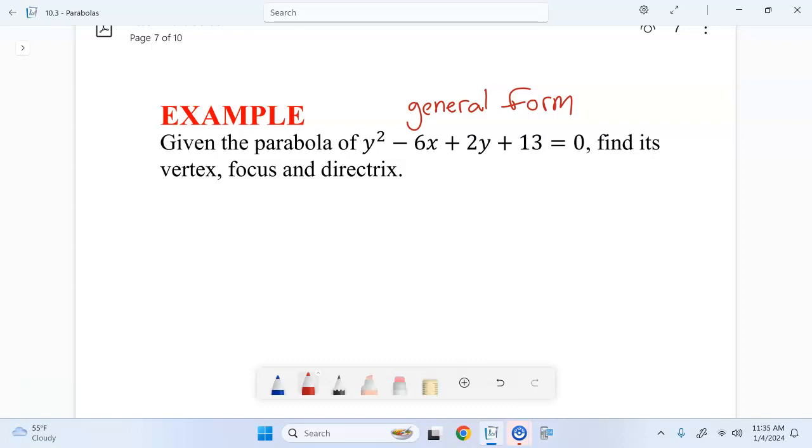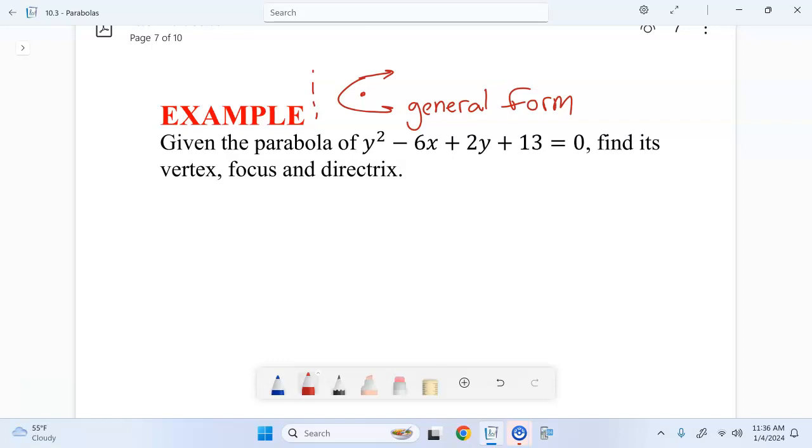Positive, so it'll go to the right. Y squared is positive, so we're opening to the right. So we know our parabola is going to be something like this. We know that our focus should be to the right of our vertex. Our directrix will be a vertical line to the left of our vertex.